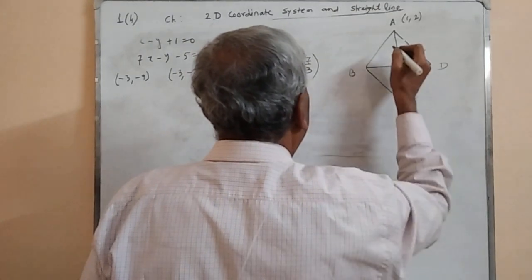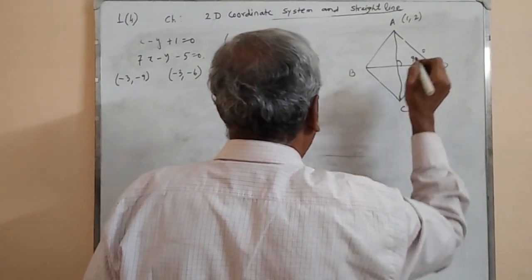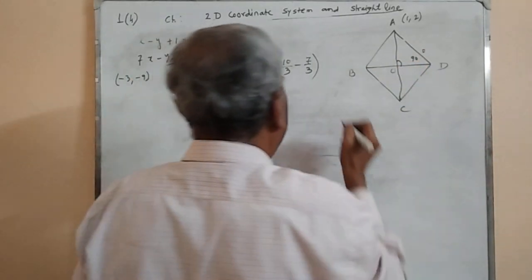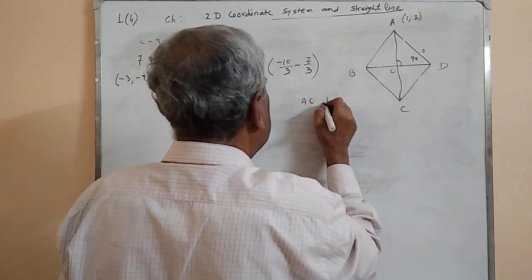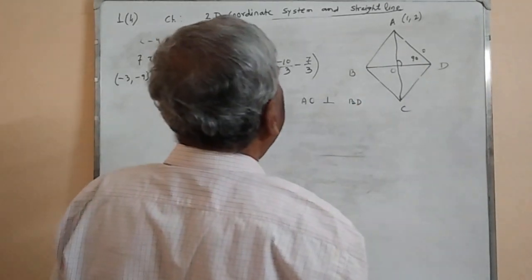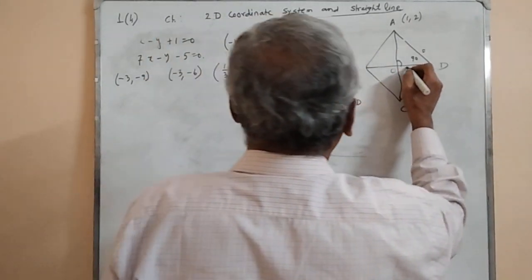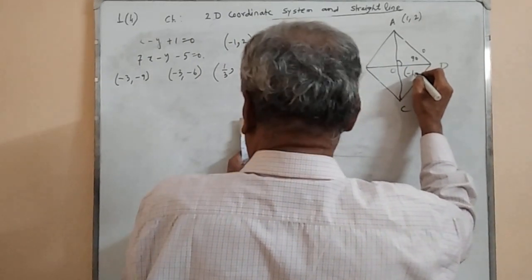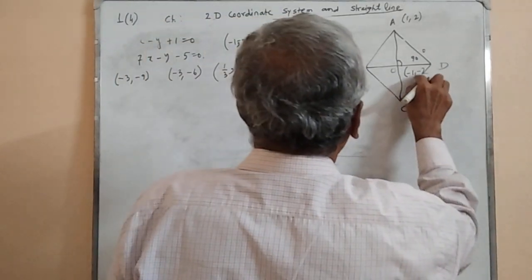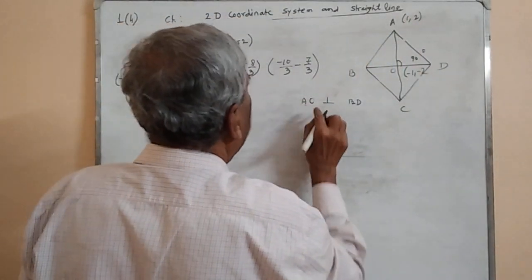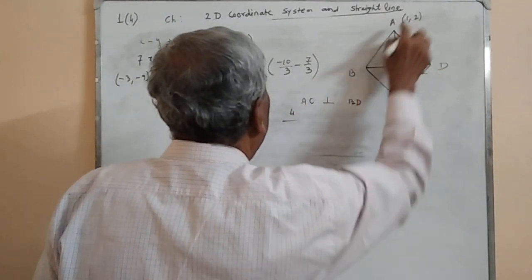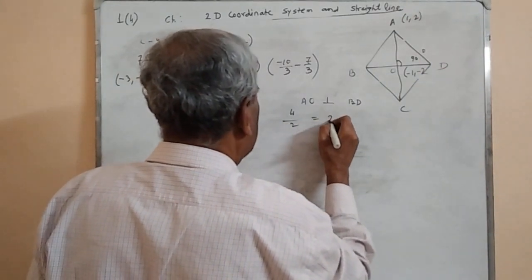Because the diagonals are at right angles, suppose O is the intersection point, AO is perpendicular to BD. The gradient of AO, with O at (minus 1, minus 2), is (2 plus 2) by (1 plus 1), that is equal to 2.